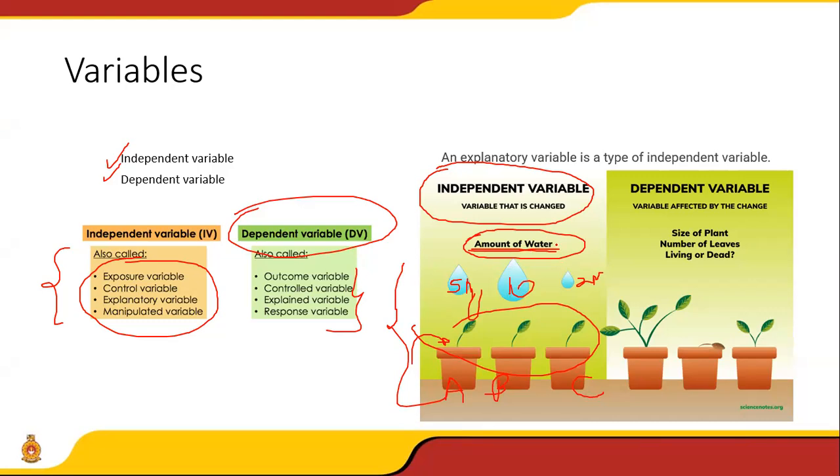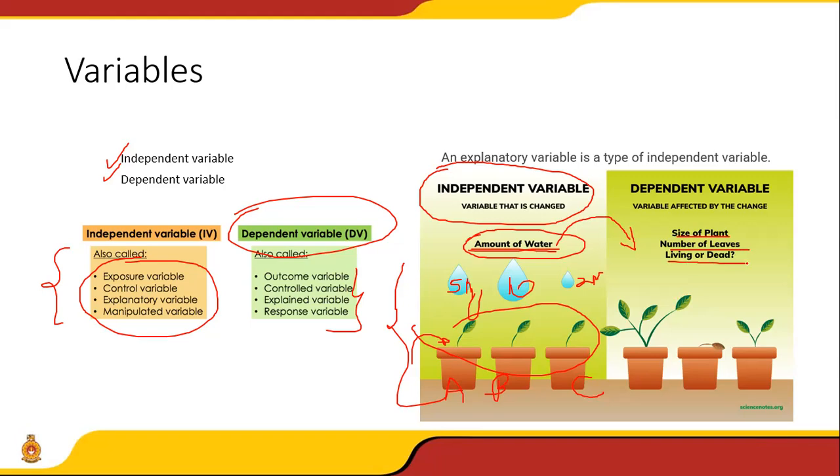According to the amount of water that we pour on the plant, we are trying to figure out the size of the plant, the number of leaves, and whether it is living or dead.